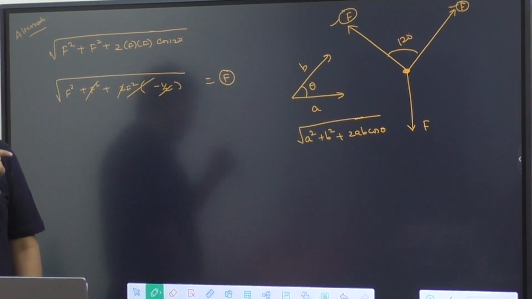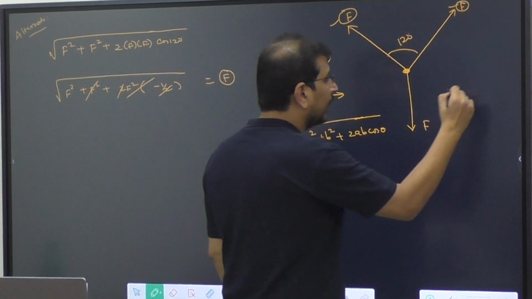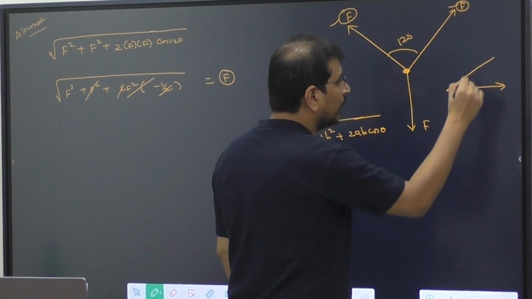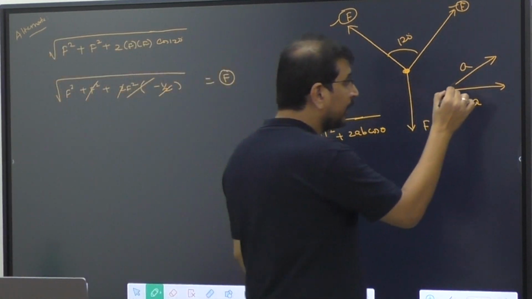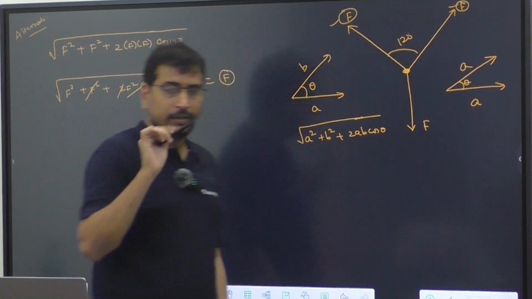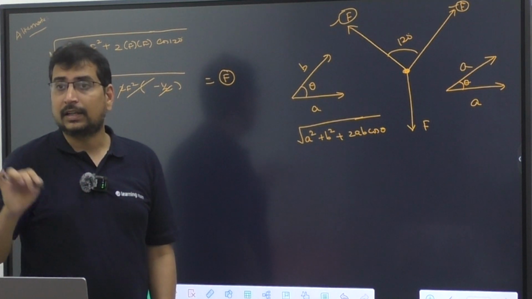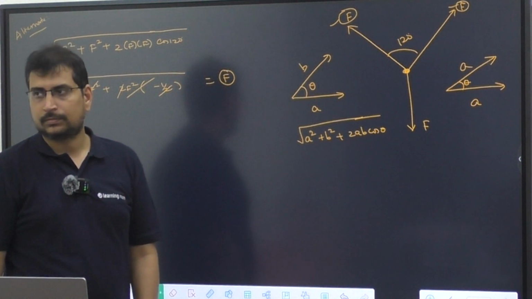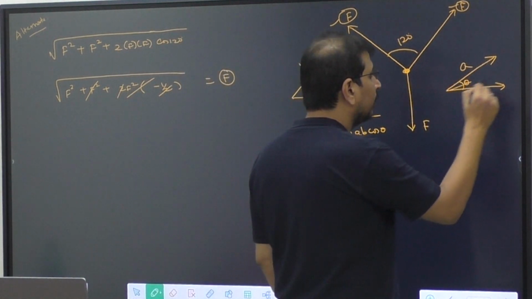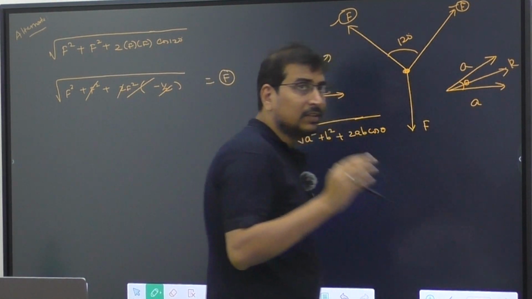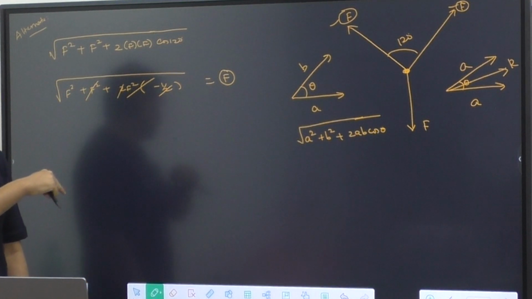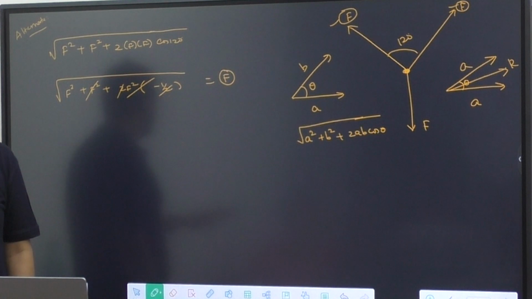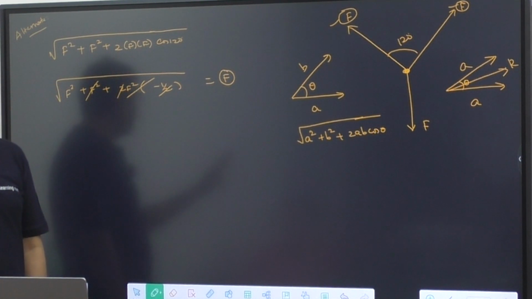If I have two vectors of the same magnitude, and the angle between them is theta, then the resultant is always an angular bisector. But the resultant need not always be F. Here it is F because of 120, or else this 2 and 2 would not have cancelled.